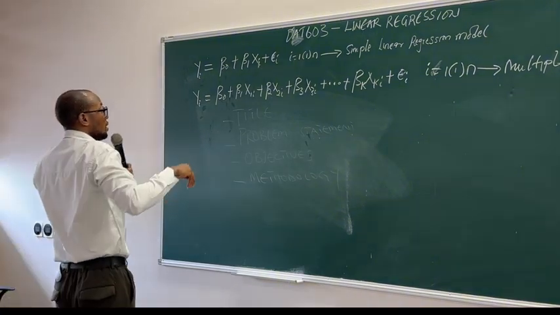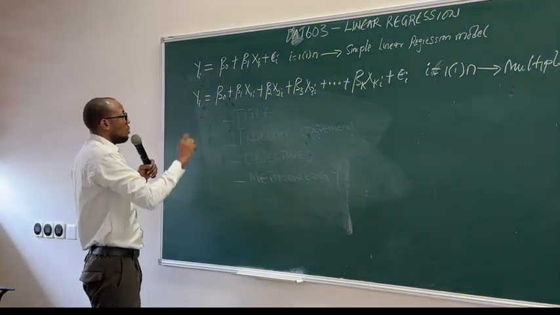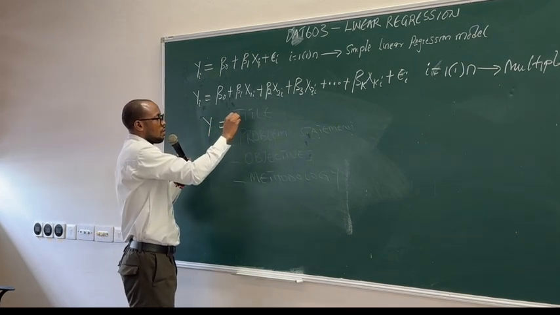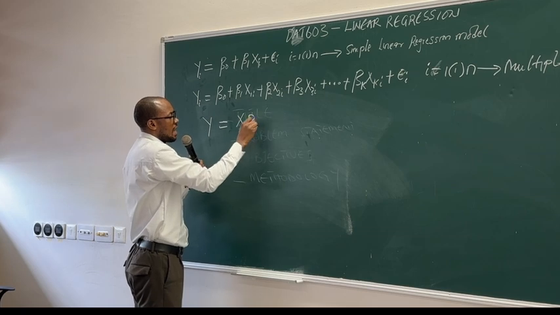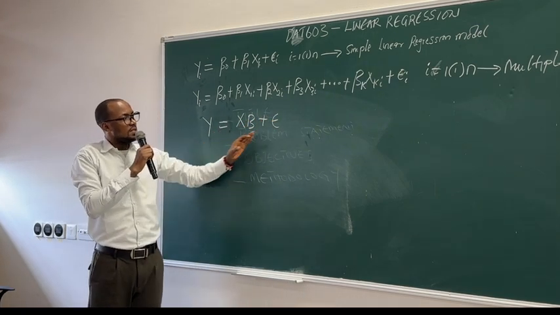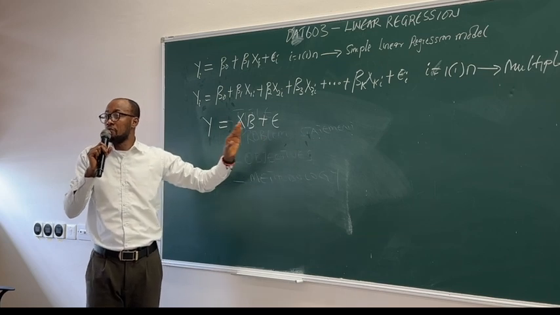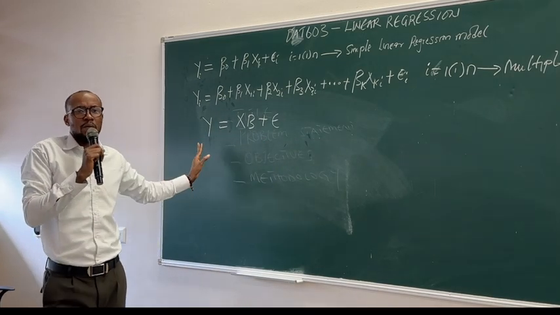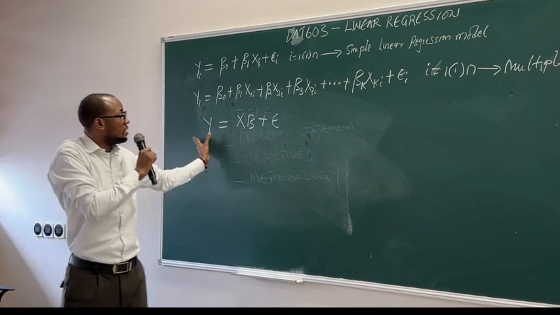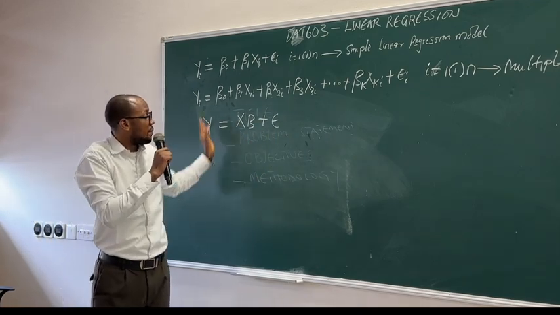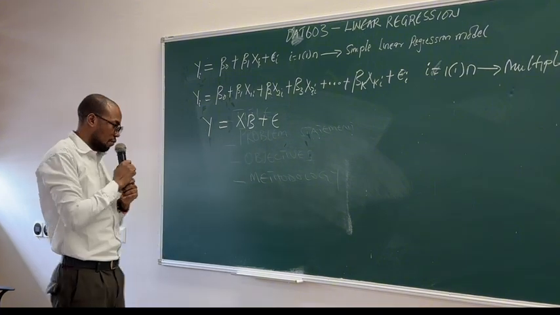So the multiple linear regression model in matrix form can be written in this form: y equals X beta plus e. Now this is the matrix form of the linear regression model, and we're going to define what each of these parameters and variables in the model stands for.